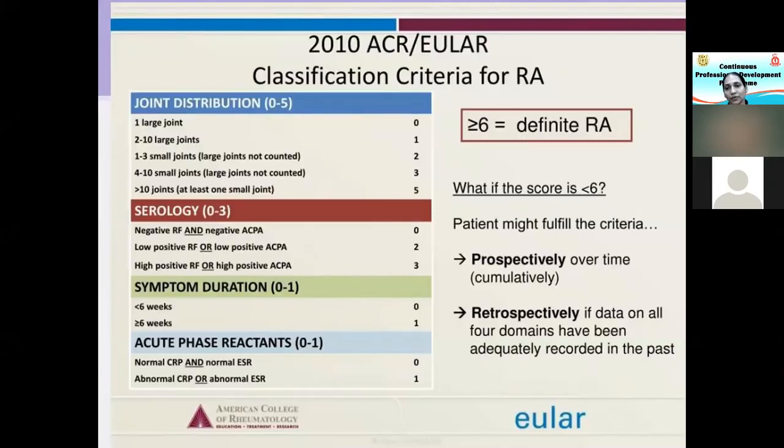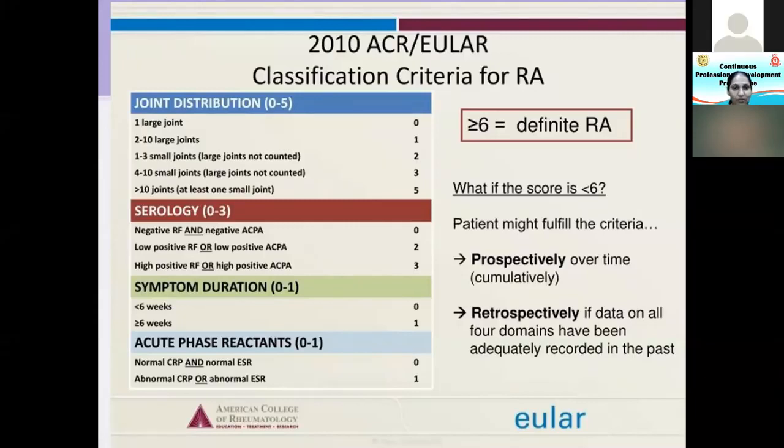When you are requesting rheumatoid factor, don't just ask for rheumatoid factor, ask for rheumatoid factor titer, because that shows whether it is low positive or high positive. The same with CCP antibodies, you will have to ask for the data.